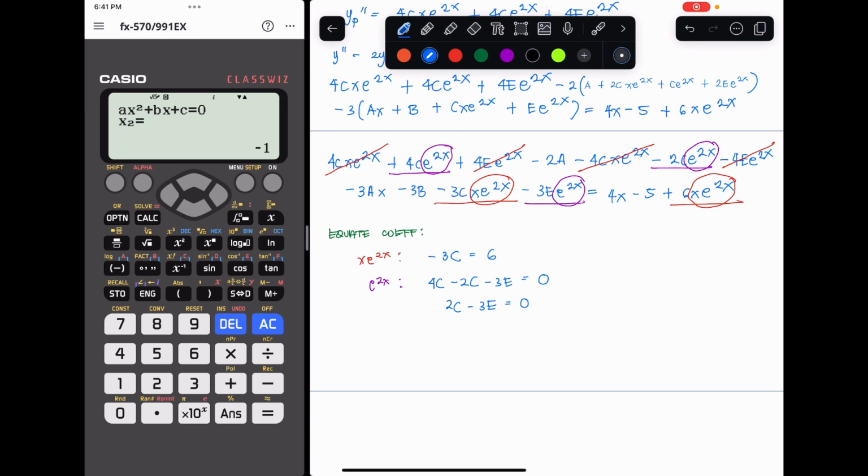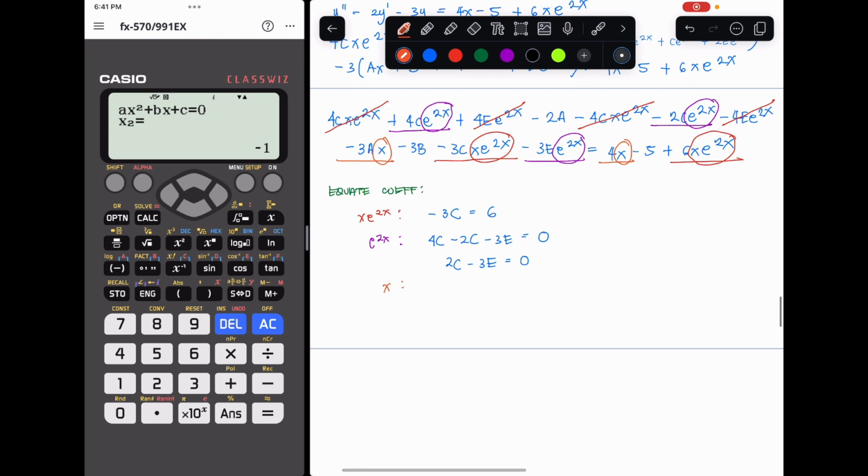So next, all the terms involving x. So we have x there, and we have x here. So negative 3a is equal to 4.